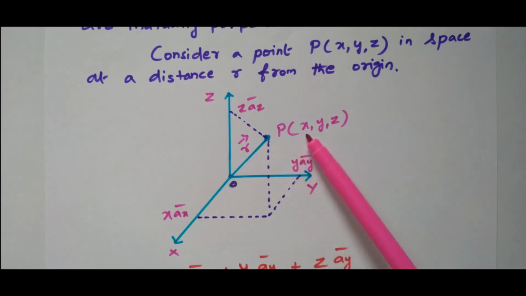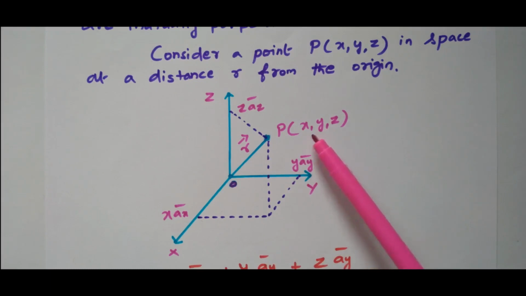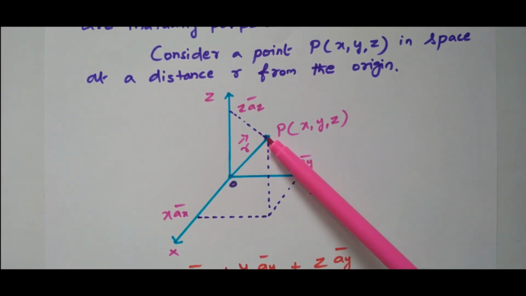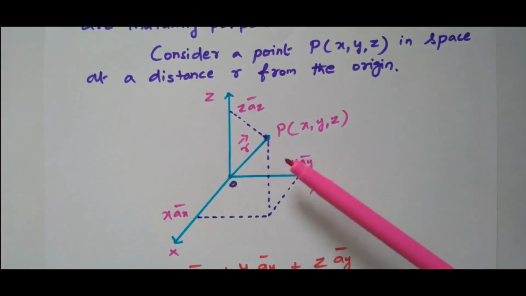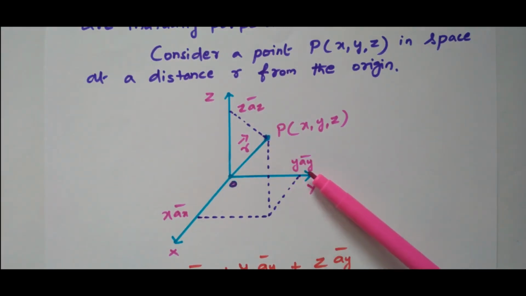So this is nothing but x, y and z, representing three different points. The corresponding value will be z into az, that is the unit vector in Z axis. The corresponding value will be y ay, unit vector in Y axis. The corresponding value will be x ax, that is nothing but unit vector in X axis.